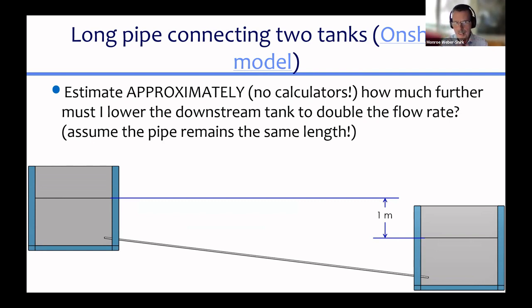And now I'm hoping that it makes sense. Because this idea that head loss increases really fast when you increase the flow rate when it's turbulent is an important insight. You double the flow rate and you quadruple the head loss.